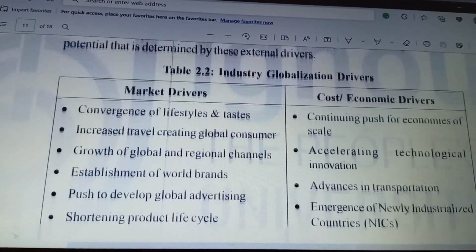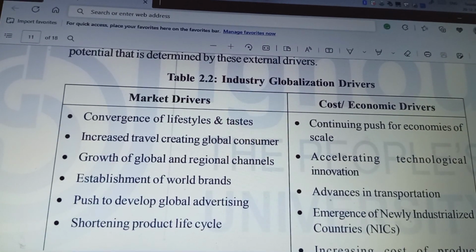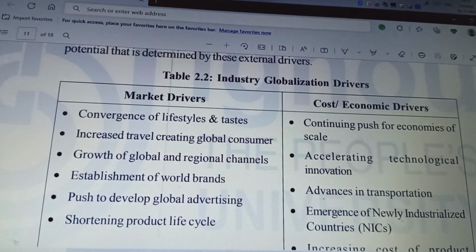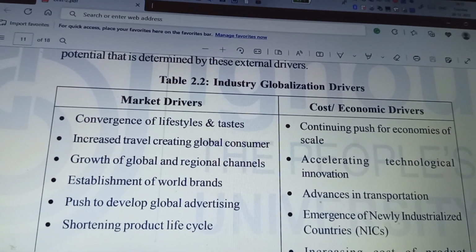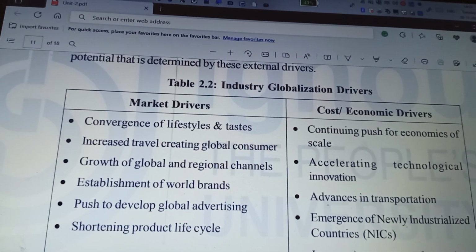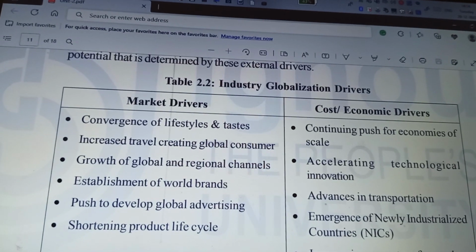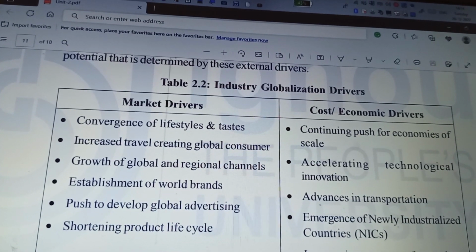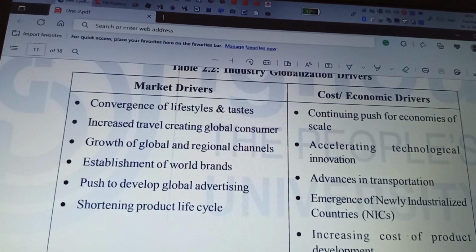Industry globalization drivers: market drivers and cost or economic drivers. In market drivers, convergence of lifestyle and tastes; and in economic drivers, continuing push for economies of scale. Increased travel creating the global consumer, and in cost drivers, accelerating technological innovations.